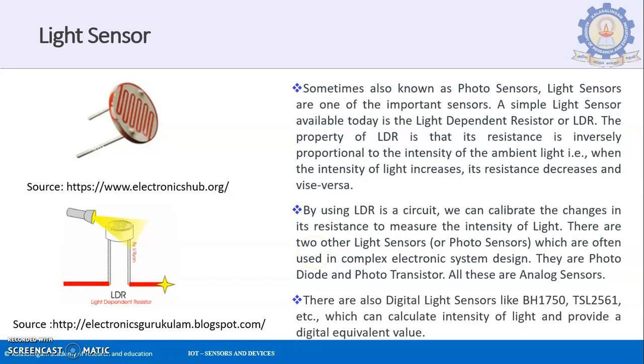If you have a project being built, you have only one digital pin that is free, and you want to use a light sensor, that is when you will use a digital light sensor. If you have an analog pin that is free on your microcontroller, then you will use the analog type of sensor.